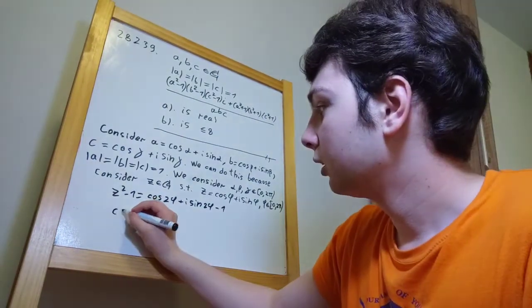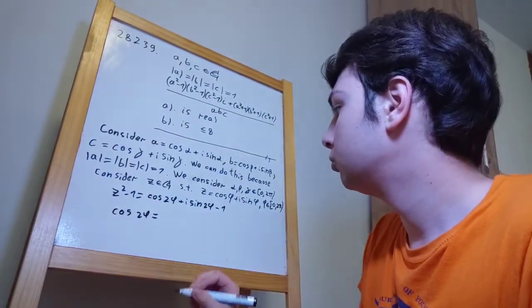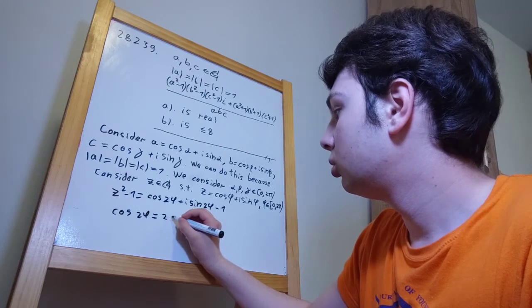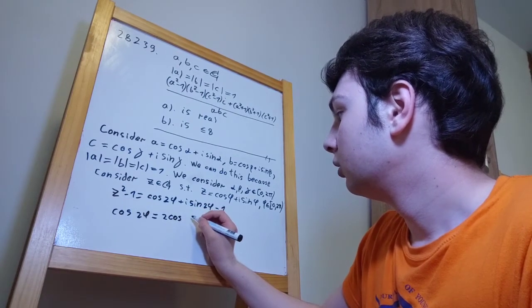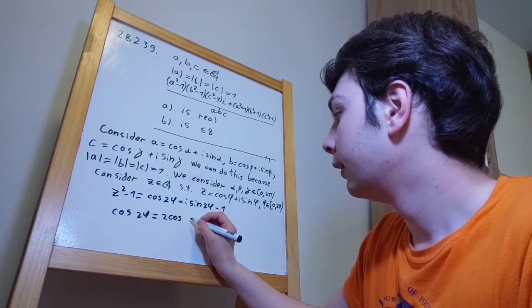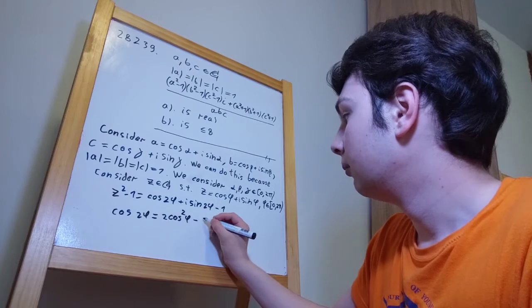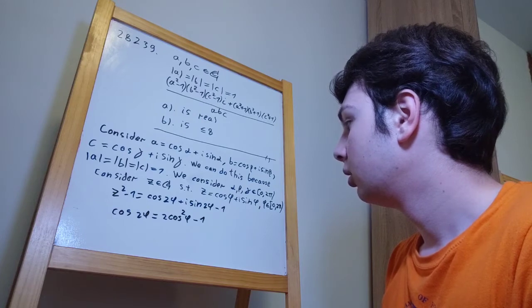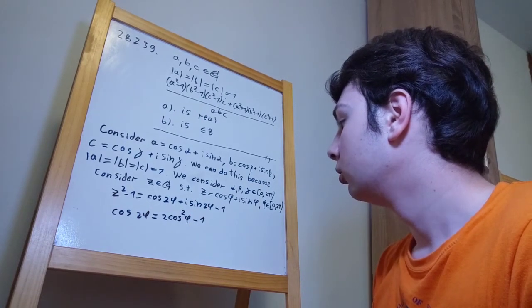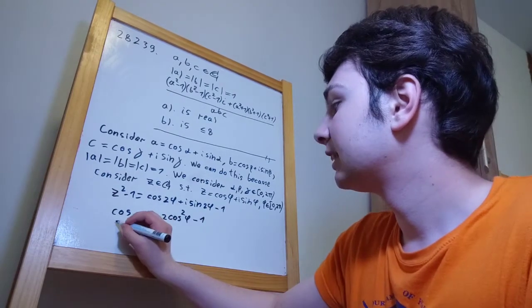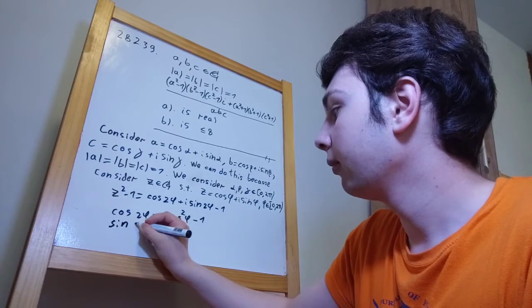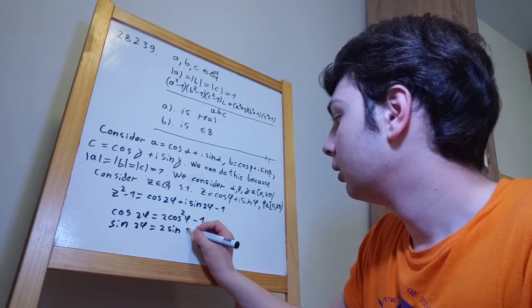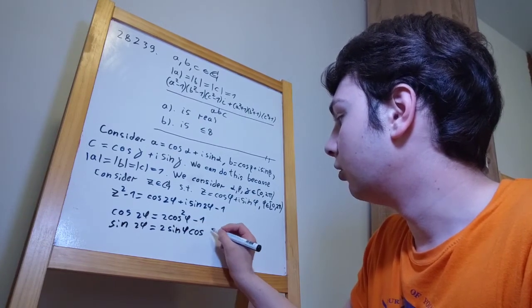Recall that cosine of 2 phi is equal to 2 cosine squared of phi minus 1, and sine of 2 phi is equal to 2 sine of phi times cosine of phi.